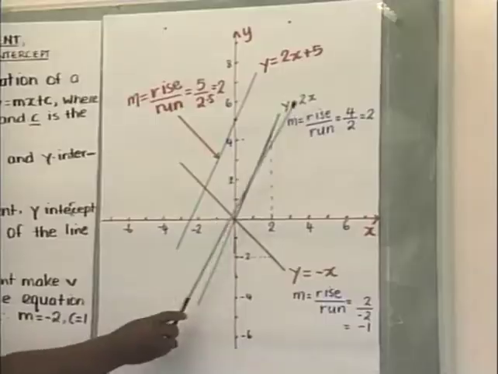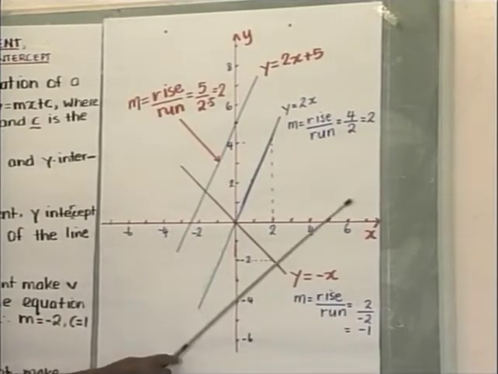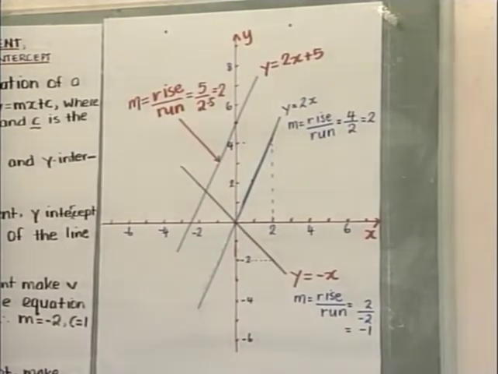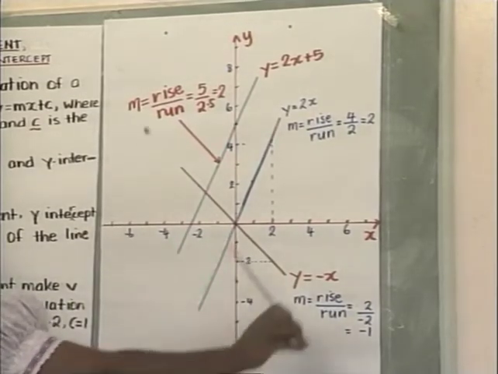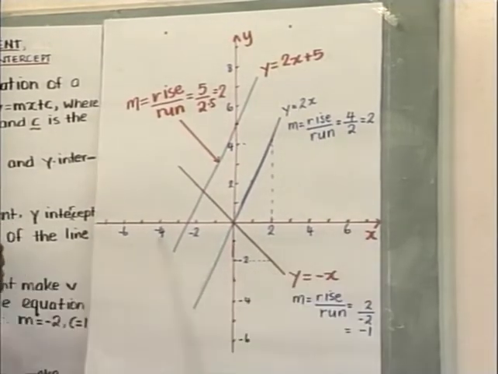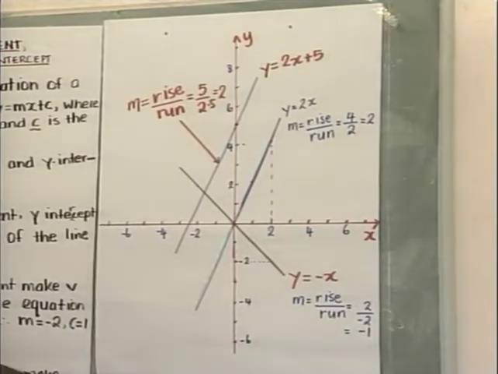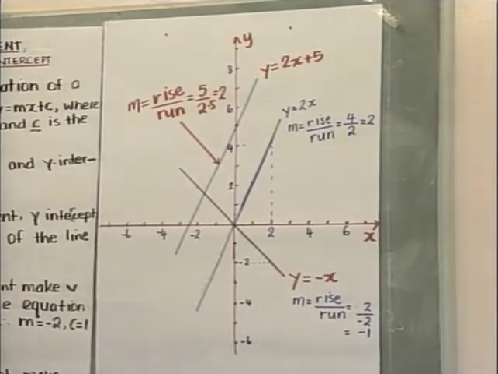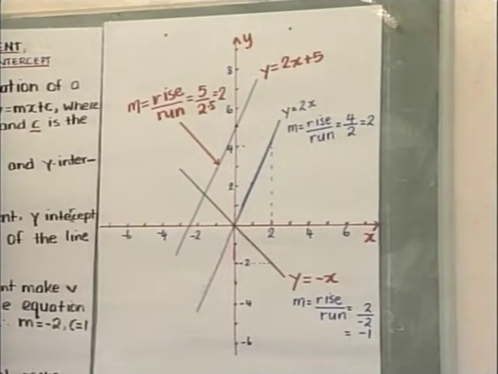If the line slopes in this direction, it will have a positive gradient. If the line slopes in the opposite direction, it will have a negative gradient. Now, if you can remember that, it will be of great help to you, so that once you see a line, just the way it slopes, you will know whether the gradient is positive or negative.